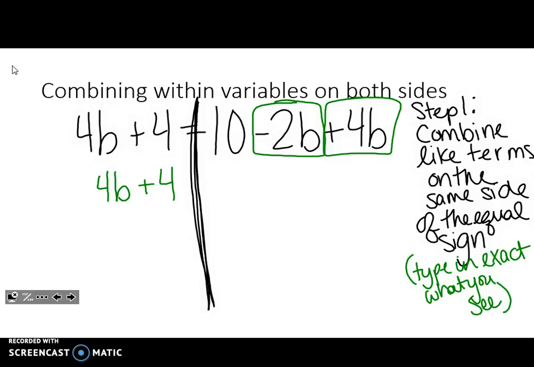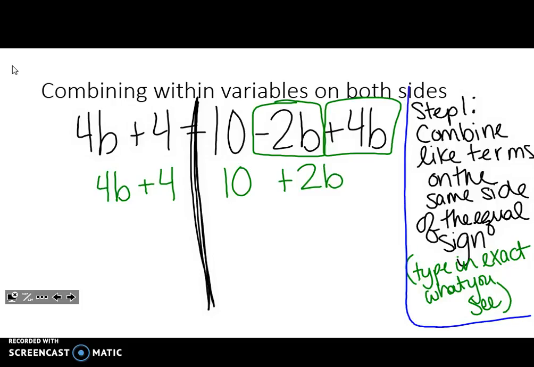Negative 2 plus 4 is going to be a positive 2b. I'm going to bring down the 10 because we haven't used it yet. Make sure you've written down this step 1 in your notes. You can always pause the video because I'm going to erase it so that I can write down step 2.